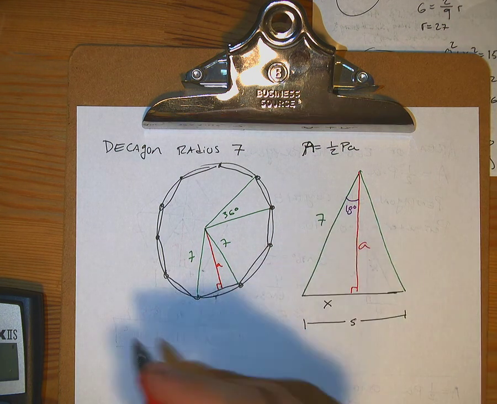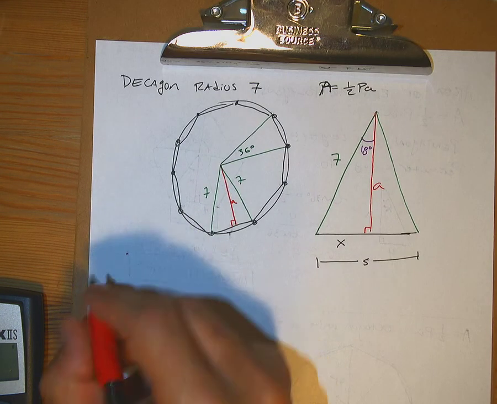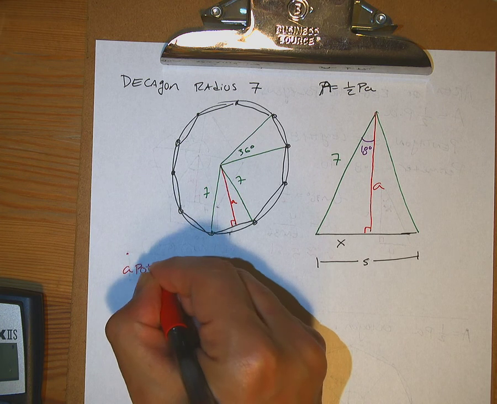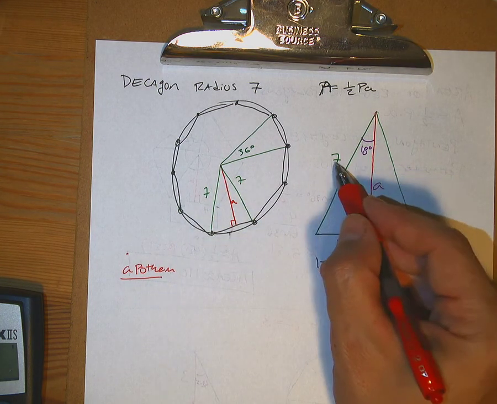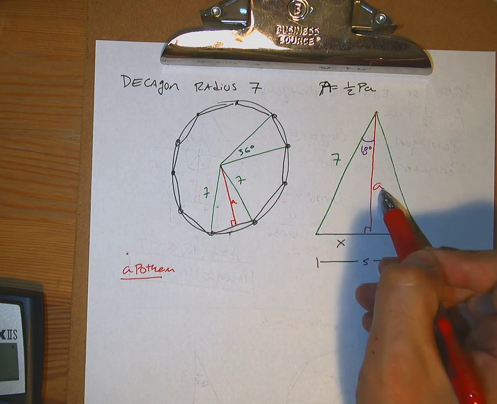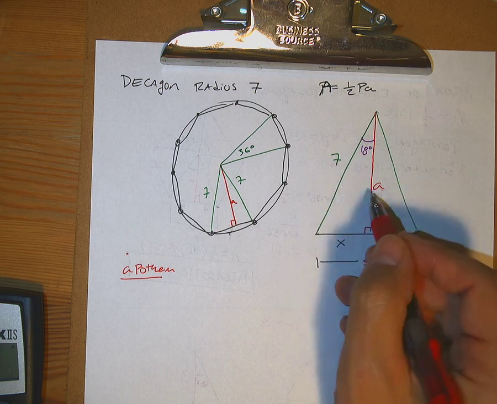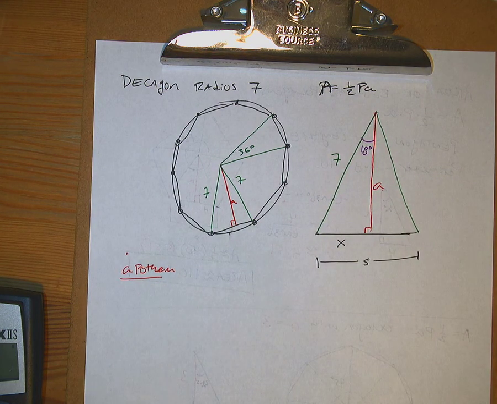So let's do apothem first. Apothem. Notice I'm titling my work as I go, so I know what I'm actually doing in this little piece. So to find the apothem, the apothem is adjacent, and I have the hypotenuse, so that means cosine. So I'm going to do the cosine.